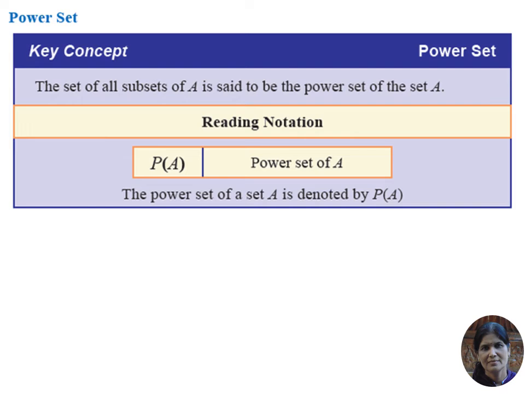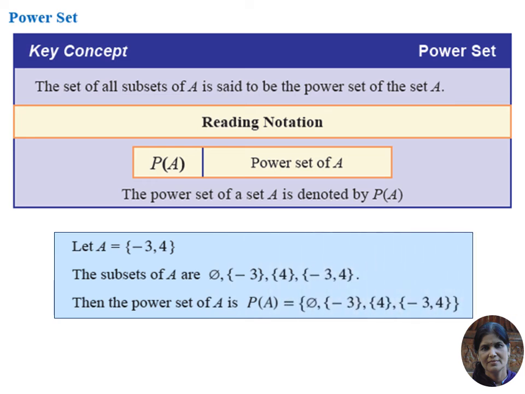Now, take an example. Let A contain the elements minus 3, 4. Then the subsets of A are, first is phi. Phi is a subset of all the sets. Then one set containing only minus 3. Next is {4} and last is the set containing minus 3, 4.